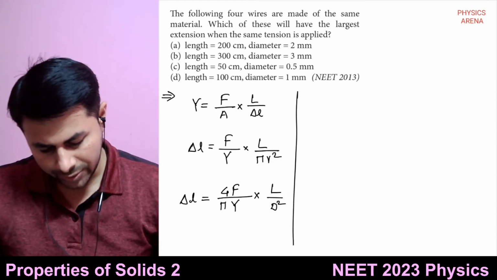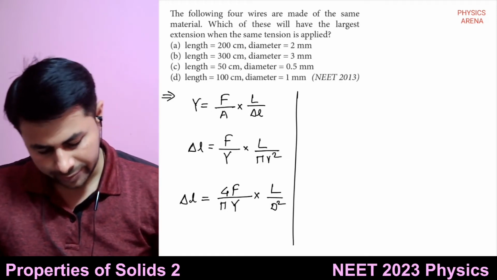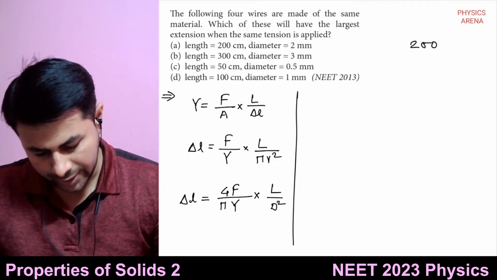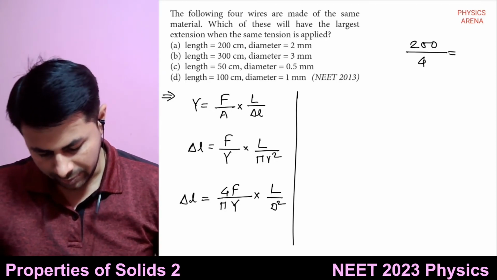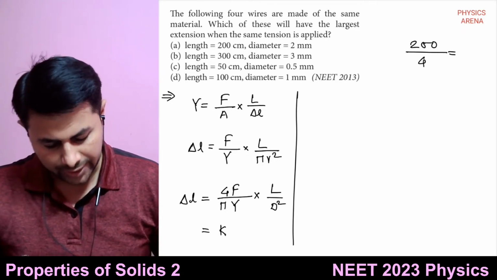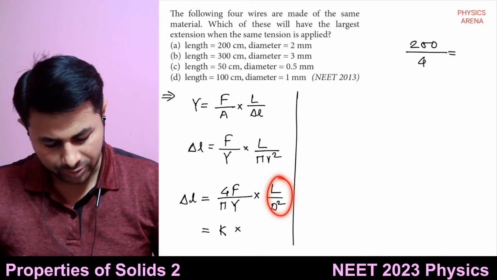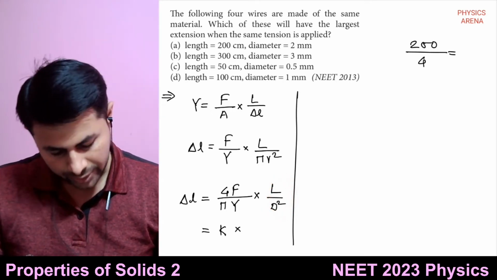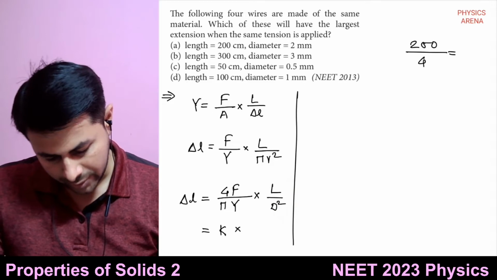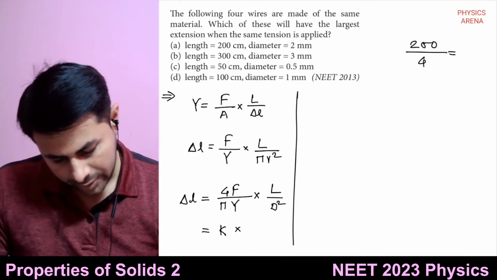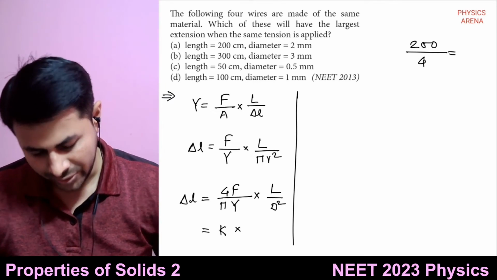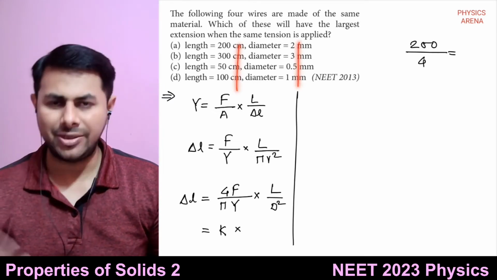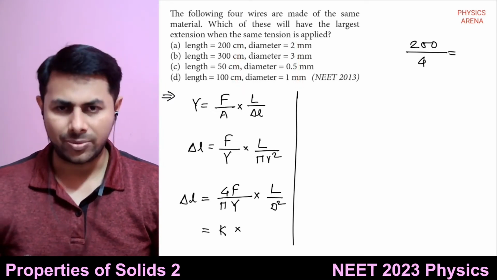So let's put the values. First one, it is 200 divided by 2 square, that is 4, right? So this is some constant, let's call it k, and we just have to find this factor, L upon d square. We don't care about units because units of all the parameters are equal in all options.